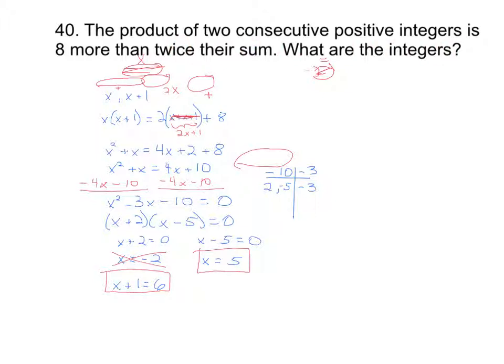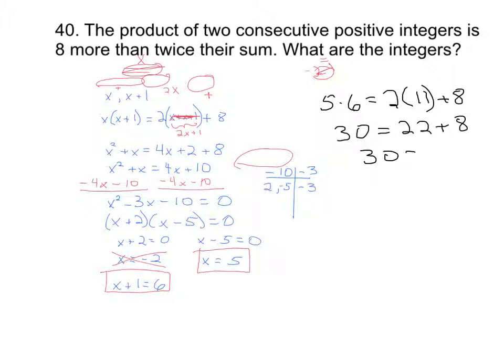That would be 5 times 6 should equal 8 more than twice their sum. Well, their sum is 5 plus 6 is 11. So does 30 equal 22 plus 8? And it does. 30 equals 30. So we've checked our work.